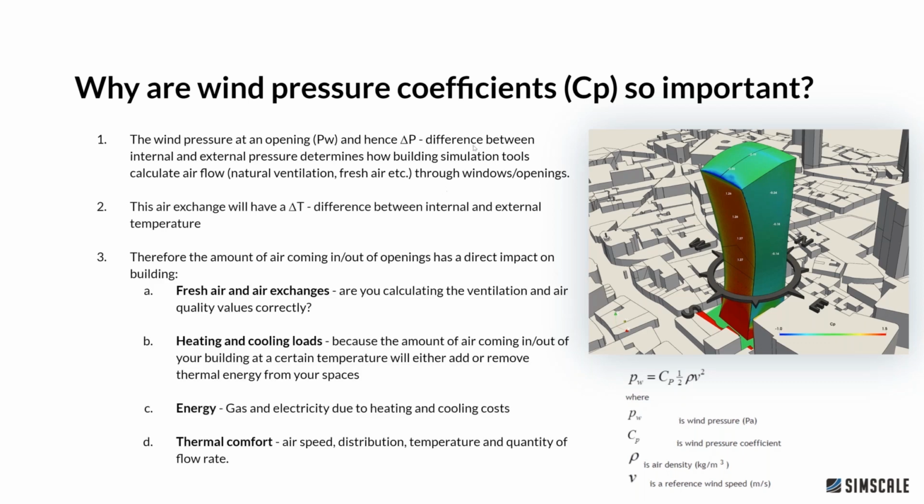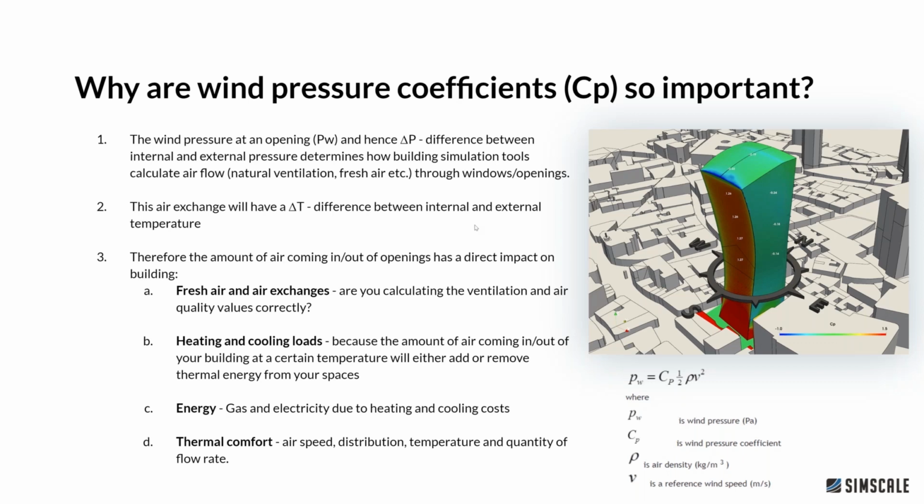So what we can see here is that fresh air and air exchanges are all influenced by wind pressure coefficients. When we're setting up some of these problems, we're interested mainly in the change in pressure. These changes in pressure can affect the flow rates going through a space. They can then affect the temperature difference between the building and the external of that building.